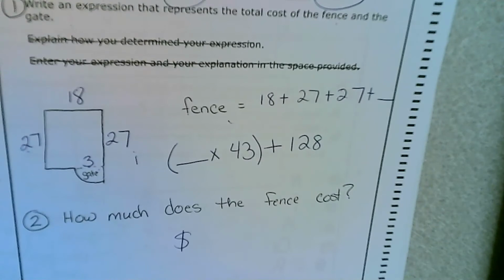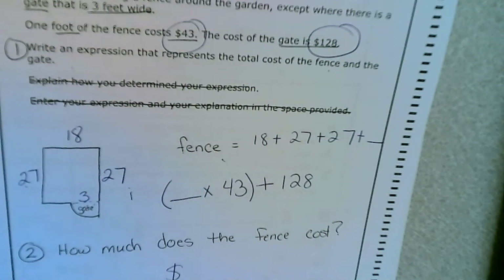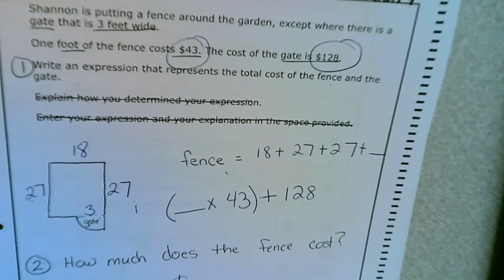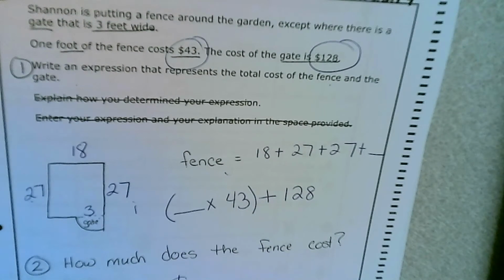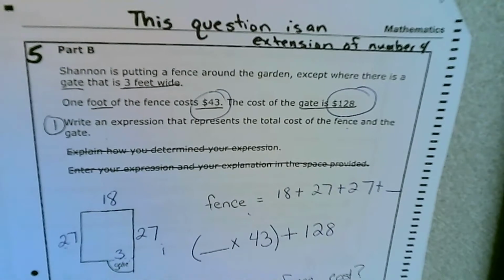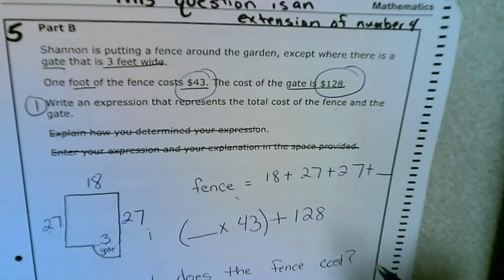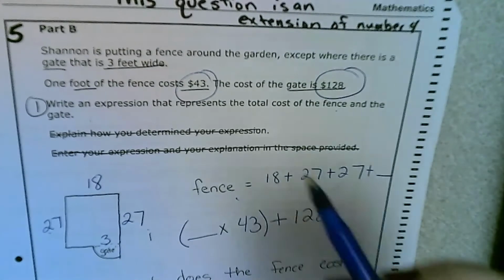Now, number 5 is an extension of number 4. If you watched my hints, you would already have this much spelled out. Go ahead and enter your answer for number 5. Okay, so what we need to know is how much the fence cost.